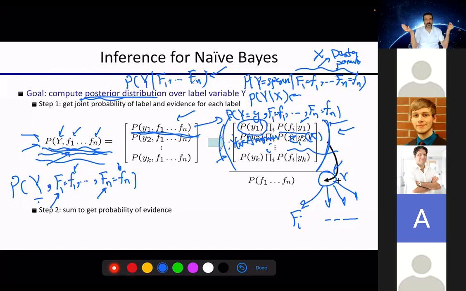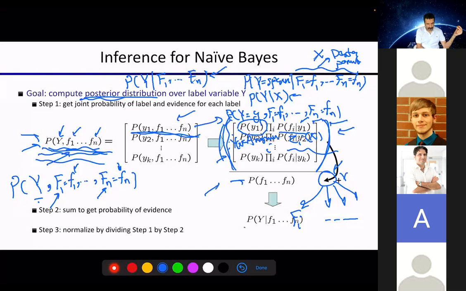How to fix that? We know by calculus, right? If we add all of these and normalize, basically dividing each entry by the sum of all, then we get a probability distribution. So this is the normal procedure, and then we have this discriminative model.